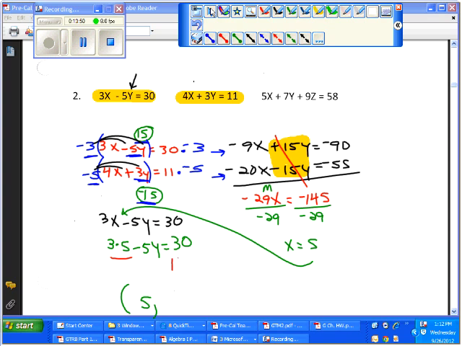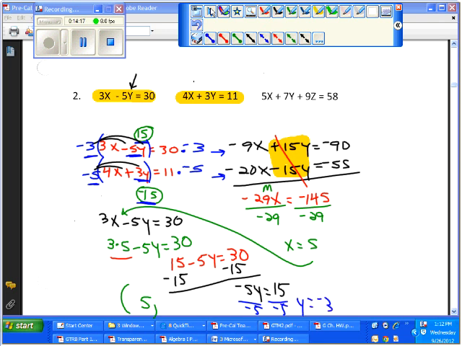We can do multiplication, so we get 15 minus 5y equals 30. Undo addition by subtraction, so we subtract 15. And we're going to have negative 5y equals 15. Everybody see what we're doing? Divide by negative 5.